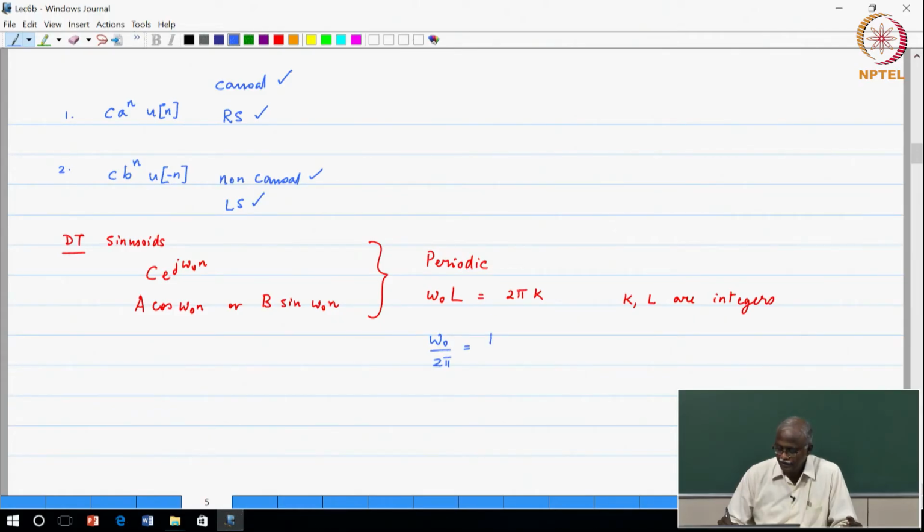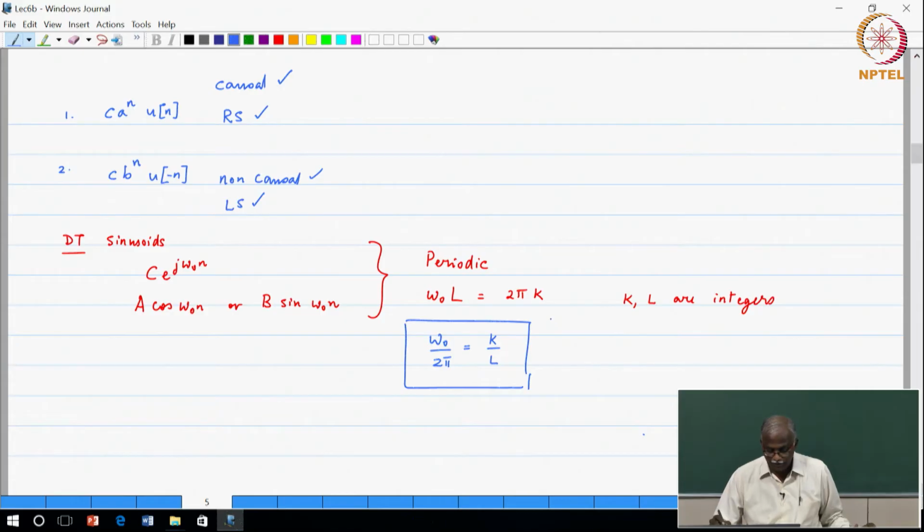by 2 pi is equal to a ratio of integers, which is k by L, and the period itself is the smallest value of L which satisfies this equation 1.